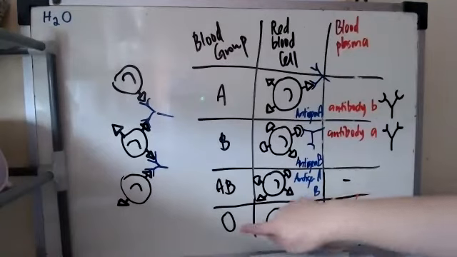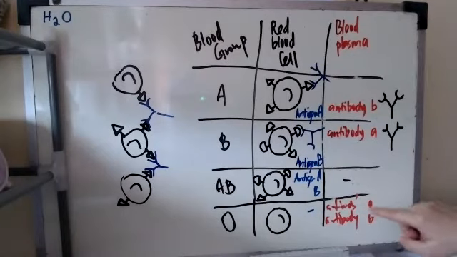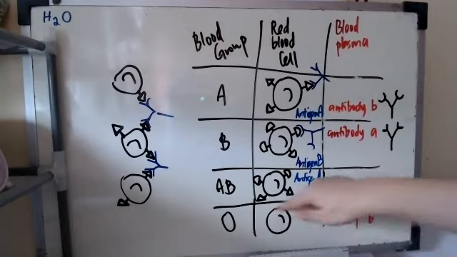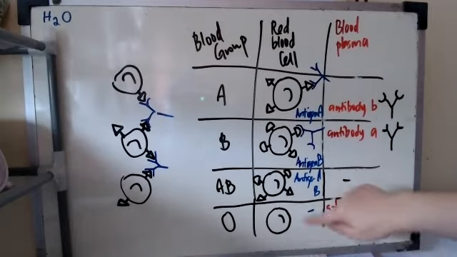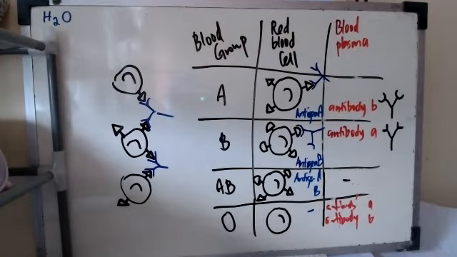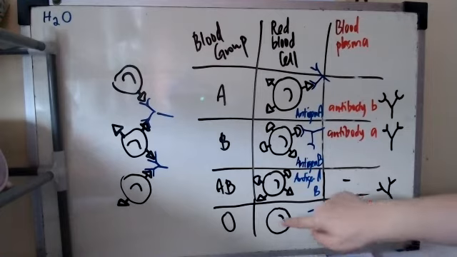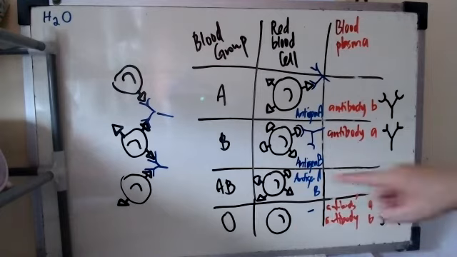Like O has two antibodies. It has antibody A and antibody B, but it doesn't have antigen here. It doesn't have antigen A, it doesn't have antigen B. So it's fine for it to possess both A and also B, because it will not tag its red blood cell. The red blood cell doesn't have any of this.